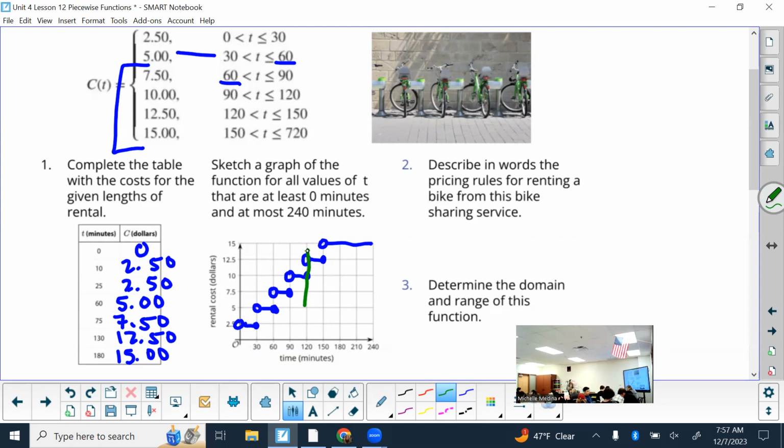If you have 2 closed circles overlapping, like a closed circle here, closed circle here, then it's not a function. So you probably made a mistake because these are called piecewise functions. All right, but yeah, questions on that?